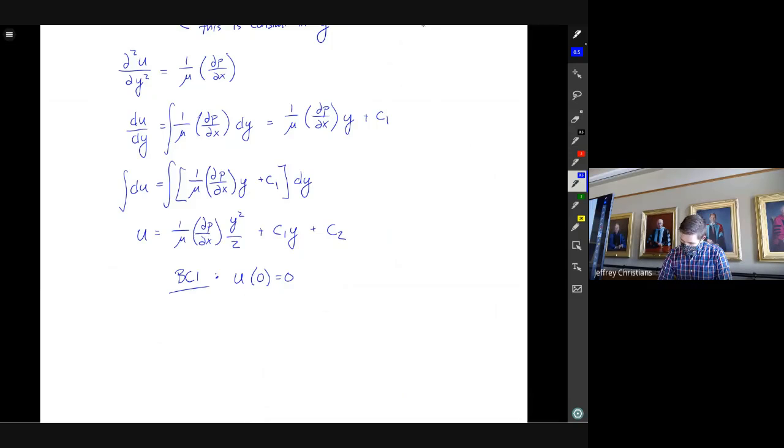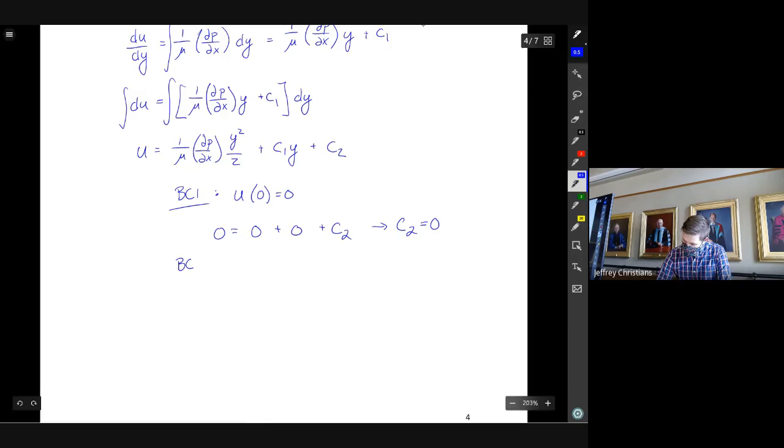This tells us that we'll just plug in 0 for y and 0 for u. So 0 equals 0 plus 0 plus c2. The first term, we plug in 0 for y, that's 0. The second term, we plug in 0 for y, also 0. We're left with c2 equals 0.